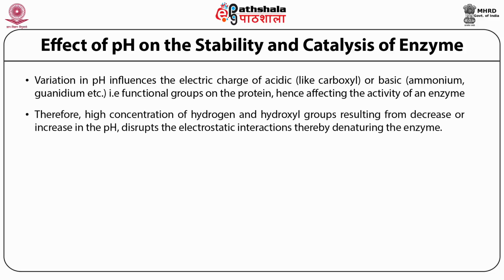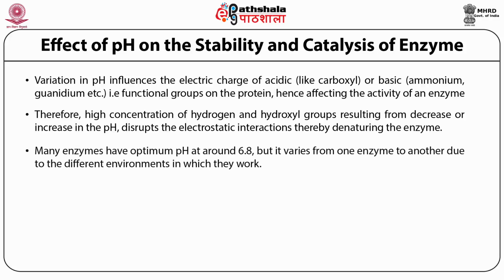Therefore, a high concentration of hydrogen or hydroxyl ions, resulting from a decrease or increase in pH, disrupts electrostatic interaction between enzyme and substrate. Many enzymes have an optimum pH at around 6.8, but it varies from one enzyme to another due to the different environments in which they work.